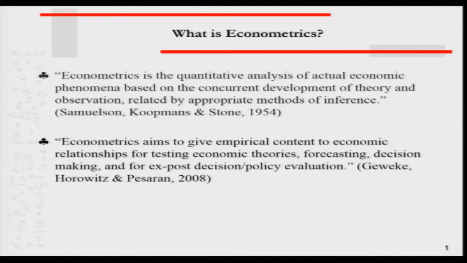Now, this is development of theory. Then you collect data either by conducting a sample survey or collecting some data from other sources, and then you conduct statistical inference analysis to find out whether this relationship actually holds in reality. That is basically the essence of their definition.